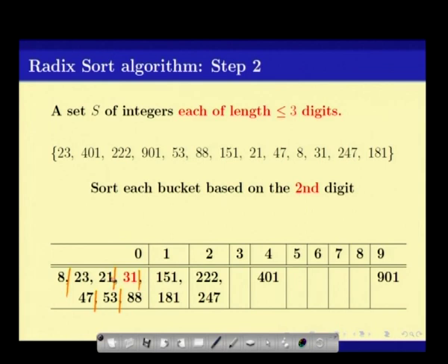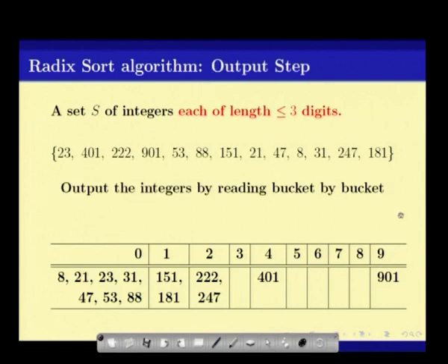Again it is still not sorted, so we need to sort it once again. In other words, I can look at the second bucket and just swap those two things, and thus we have the sorted list. So once we have that, we can just output the integers by reading the buckets, and thus we will be done.